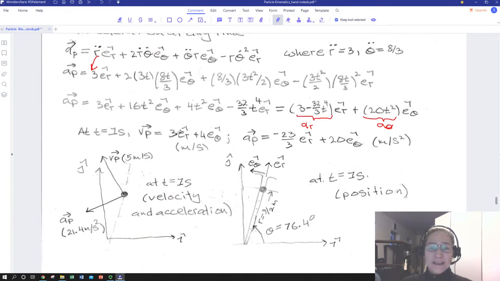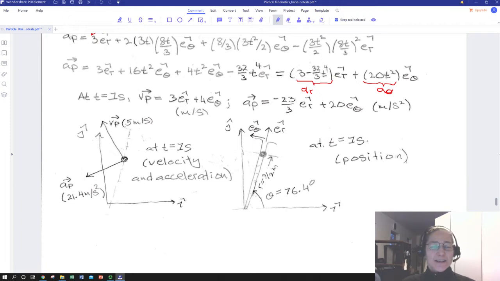So notice that's pointing in a different direction than the velocity, definitely. And 20 in the theta hat. And if we were to express these as vectors, putting in 1 second into our expression for theta, we would note that theta went from 0 down here, which is parallel to our Cartesian i hat, and it is now gone all the way up here to 76.4 degrees.